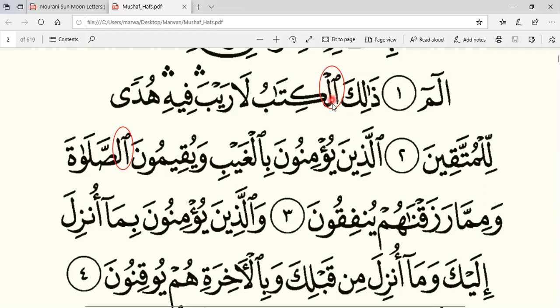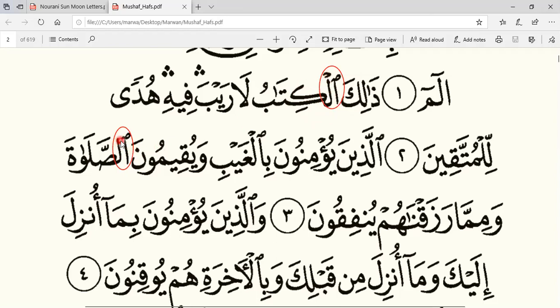The reason why this is pronounced and this is not pronounced is the letter right after it. Whenever you have an alif and a lam at the beginning of the word, it depends on the next letter whether the lam is pronounced or not.